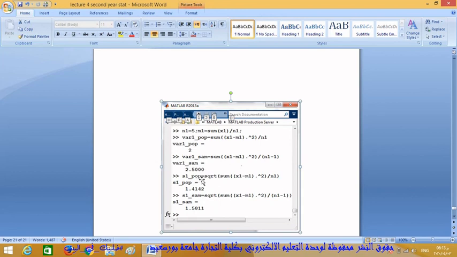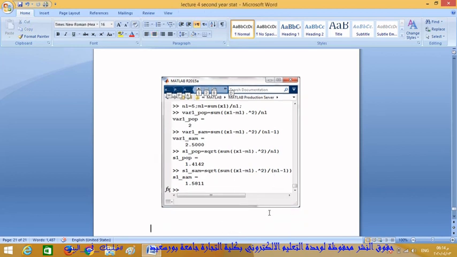The semi-standard deviation for a population equals the square root of variance, or square root of sum of x1 minus m1 squared divided by n1, and the semi-standard deviation for a sample equals the square root of sum of x1 minus m1 squared divided by n1 minus 1.